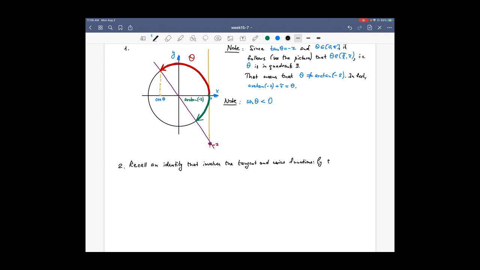So by the Pythagorean identity, sine squared plus cosine squared is 1.